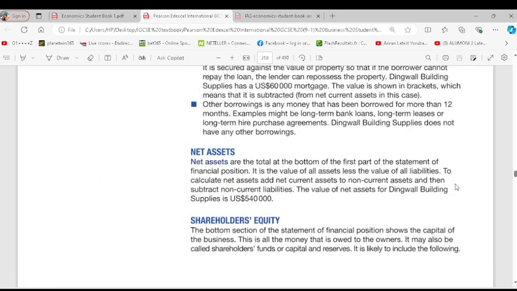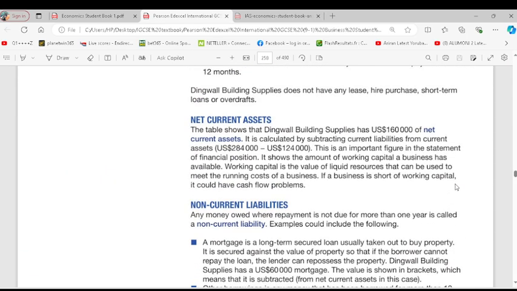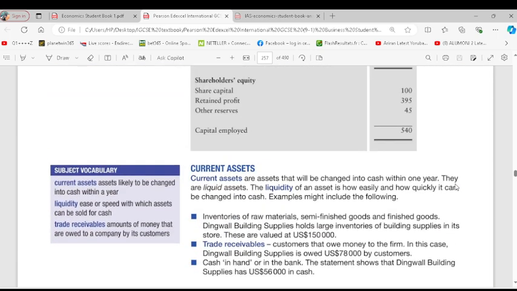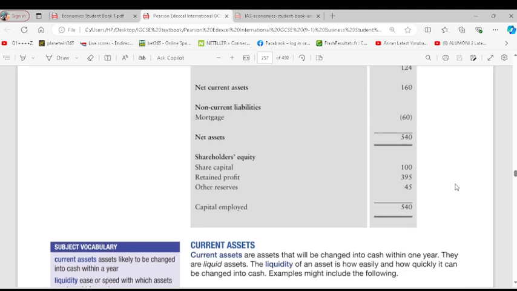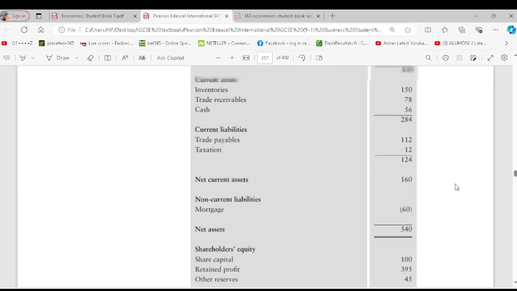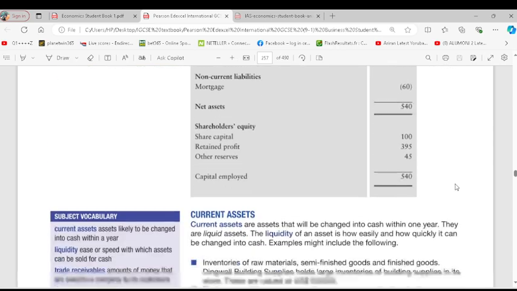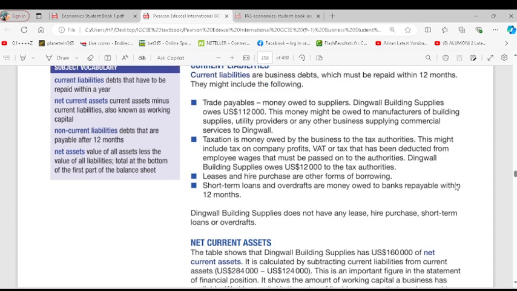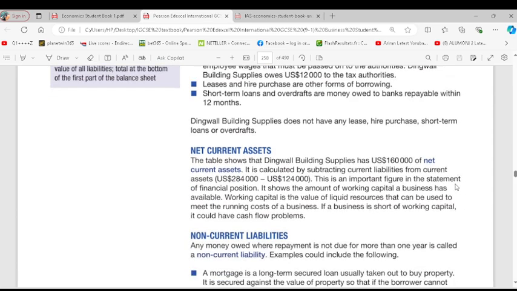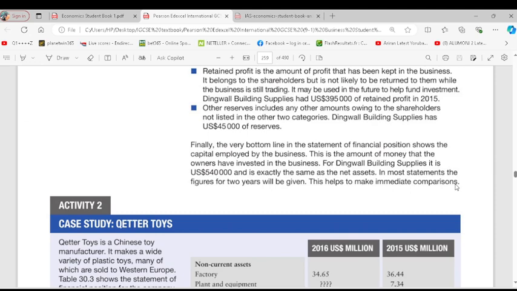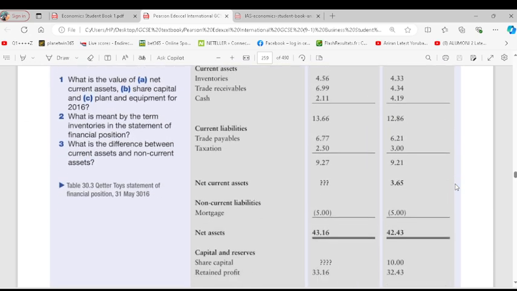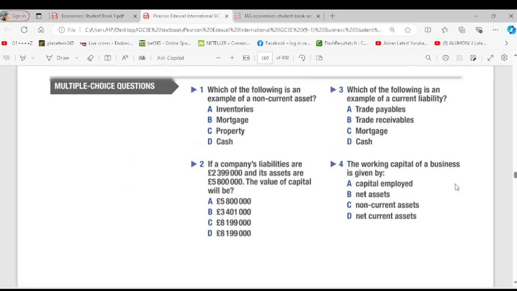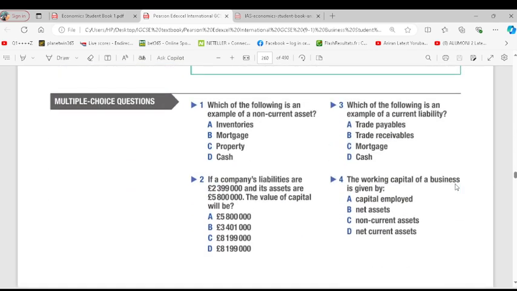Capital is the money that you invest in the business. Capital employed is the capital put into the business to do the job.